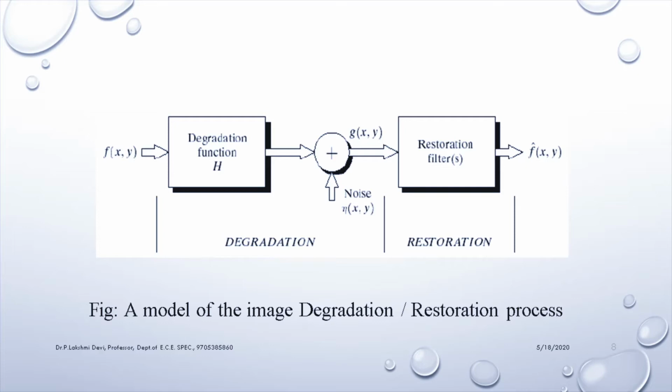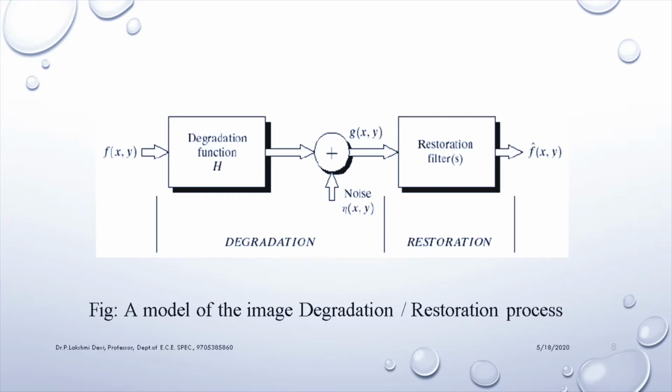If represented as a capital H, we call it the frequency domain degradation function. After this degradation, adding the additive noise n of xy or eta of xy leads to the overall degraded image, which we denote as g of xy.